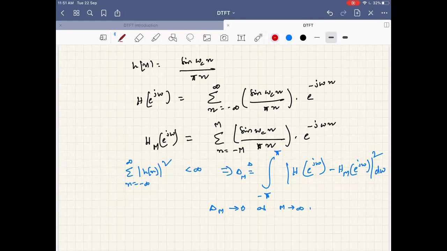Visually, if you would like to show it here, let this be H of e power j omega. Now if I take M terms, I may not get exactly this, but I may get something like this.